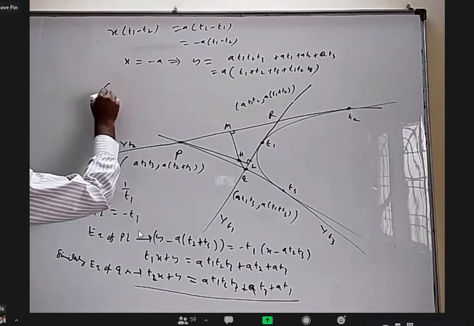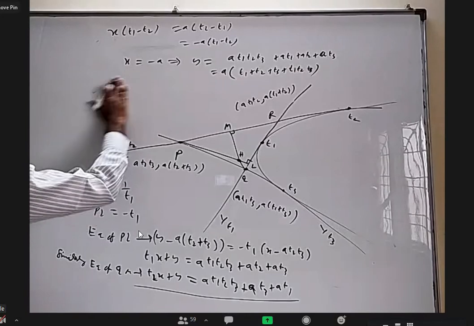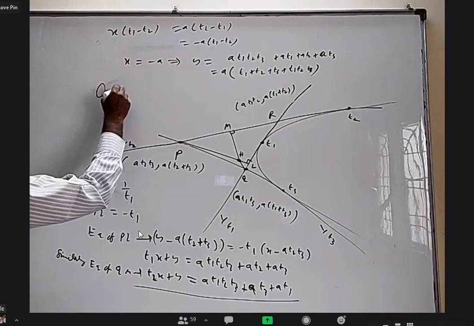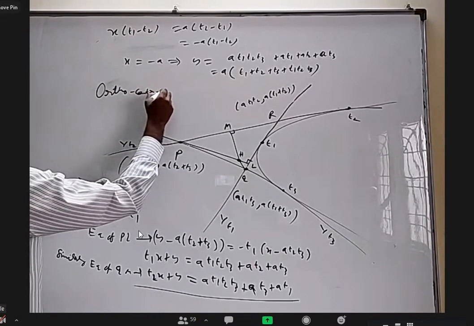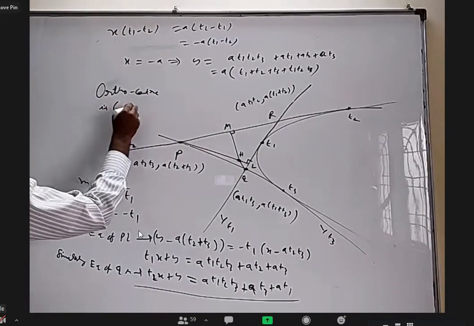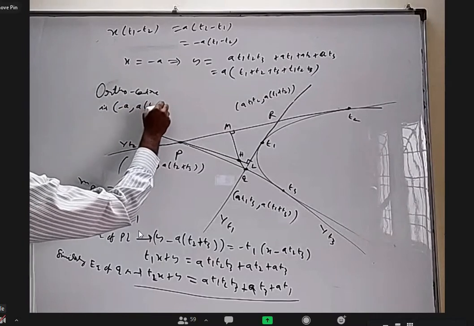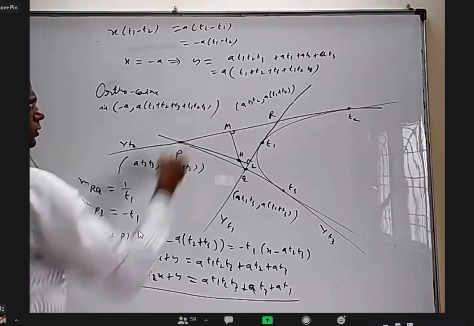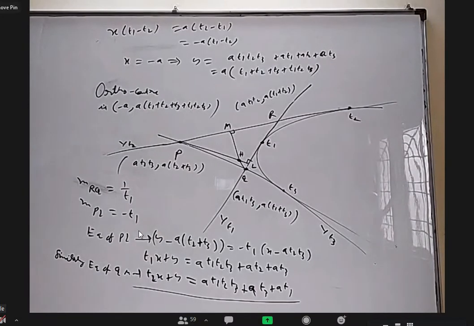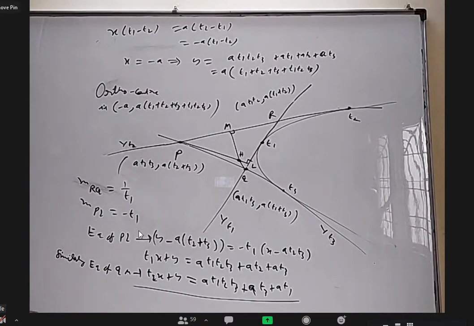Okay, so orthocenter is minus A comma A into T1 plus T2 plus T3 plus T1 T2 T3. So even though it looks like a big question in the beginning, not that big, right?